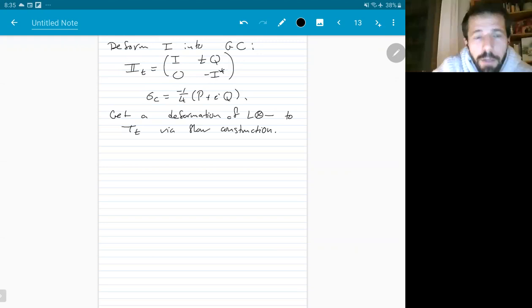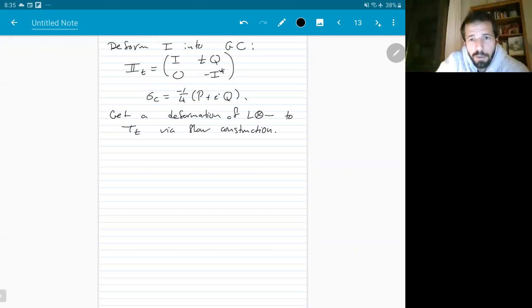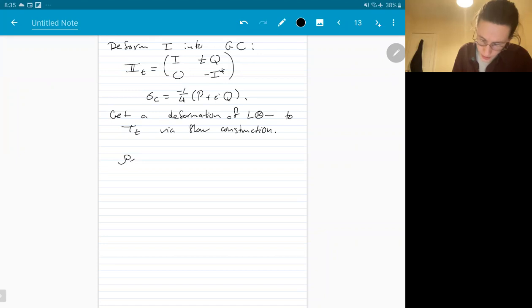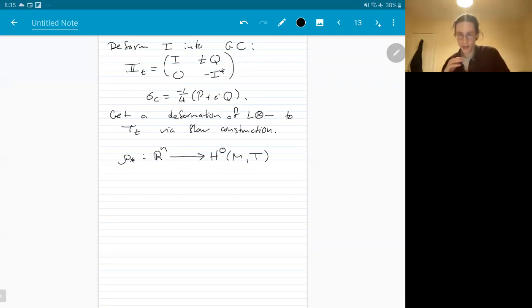Sorry, can you recall again what is sigma C, this Poisson structure associated to the R matrix? How do you define it? Right, so rho is the action. Infinitesimally, it's a map from the Lie algebra, which is say R^n, into the holomorphic tangent vectors, right? Because it gives a holomorphic action.